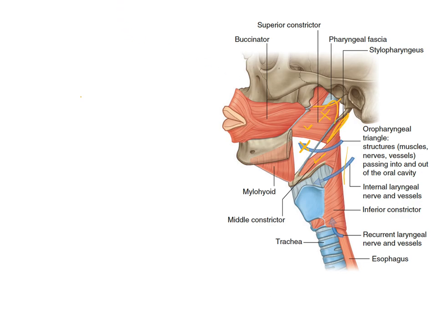And if you studied anatomy before, you will know that this muscle is accompanied by the glossopharyngeal nerve. This is the friend of this muscle. So the glossopharyngeal nerve, the cranial nerve number 9, innervates this muscle and passes from there.